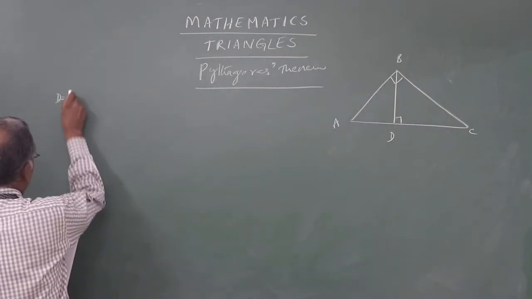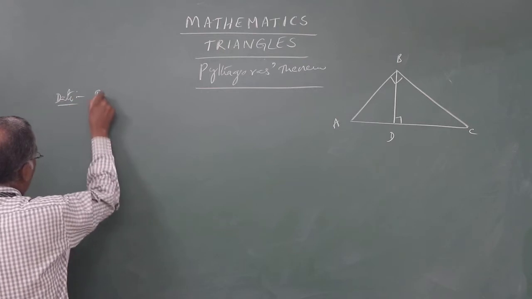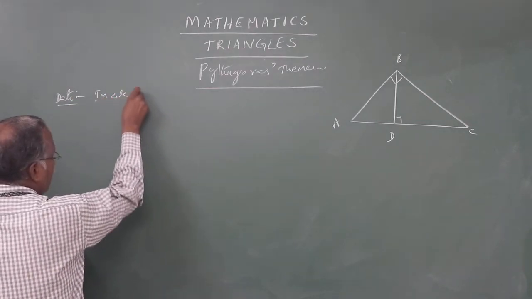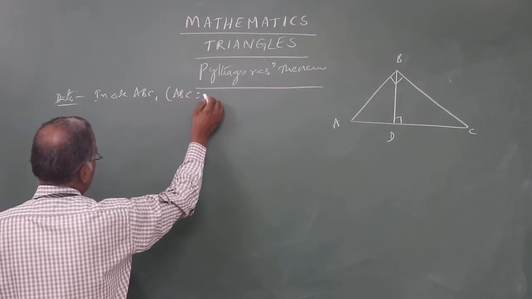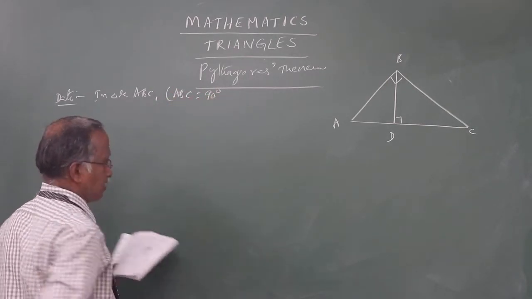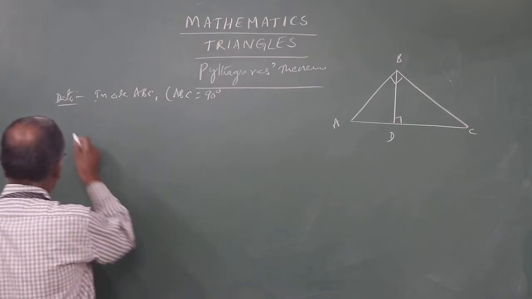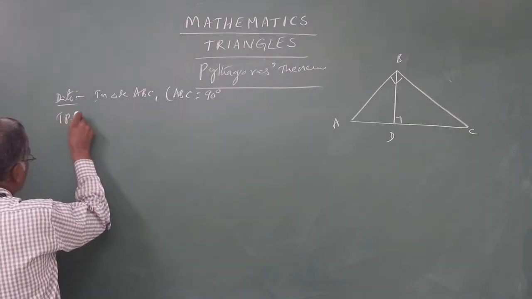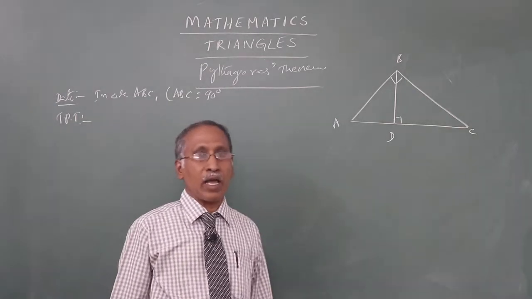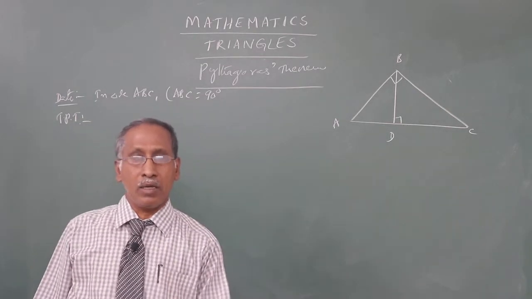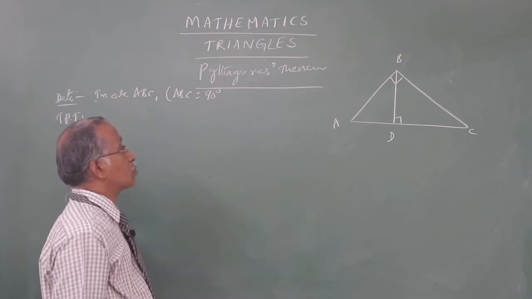Once again, in the triangle ABC, angle ABC is equal to 90 degrees. Now, what I have to prove is, in any right angled triangle, the square on the hypotenuse is equal to the sum of the squares on the other two sides.